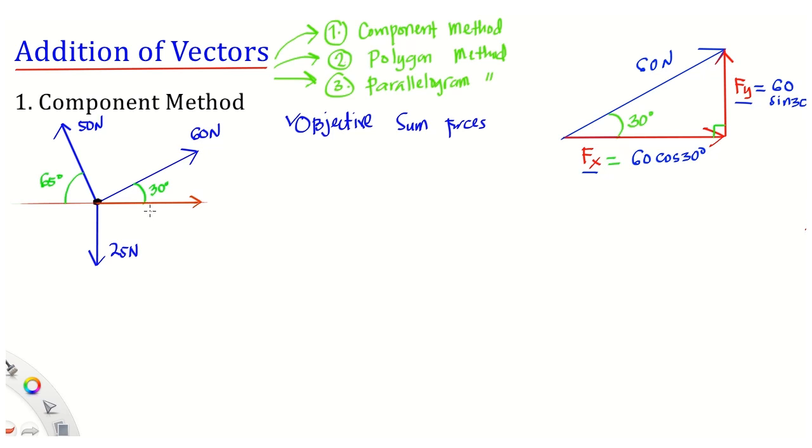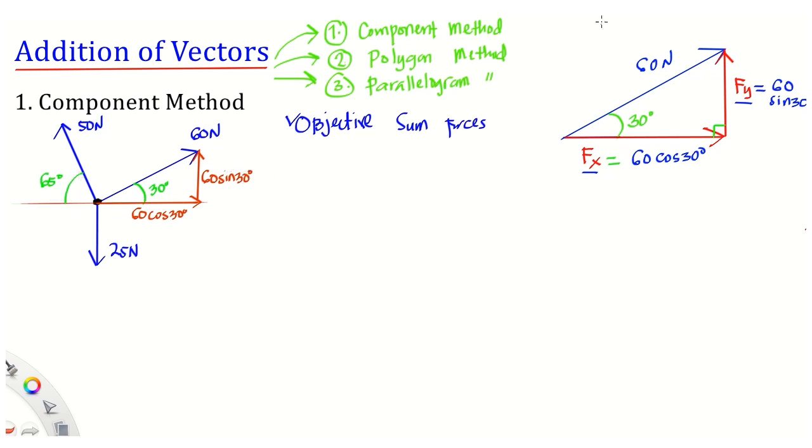This is the components of 60, and also the component of 60 with respect to y. Okay, so the x component of 60 is 60 multiplied by what? Cosine 30. This one is opposite to the angle, so this is 60 sine 30.